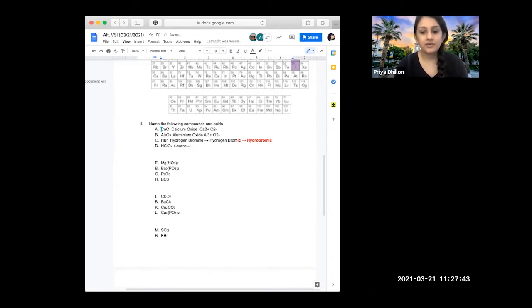And then, you know how I was saying that you make them "ic," but not for this one. So this is the exception to the rule. For this one, it actually comes out to chlorous. This is how you write it. So you can't always have a strategy behind it, at least not for this one.